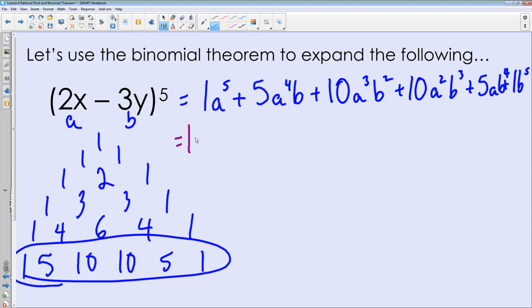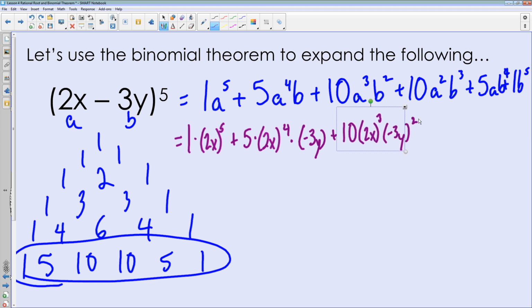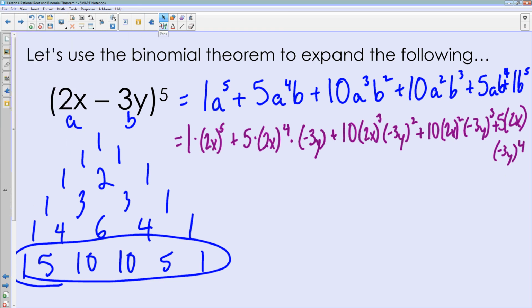All right, so 1 times 2x to the fifth plus 5 times 2x to the fourth times negative 3y plus 10 times 2x cubed negative 3y squared plus 10 2x squared negative 3y cubed plus 5, I'm running out of room, times 2x, and then we're also going to multiply by negative 3y to the fourth, and then we're still going to have, sorry, that jumped on me, undo, here we go.